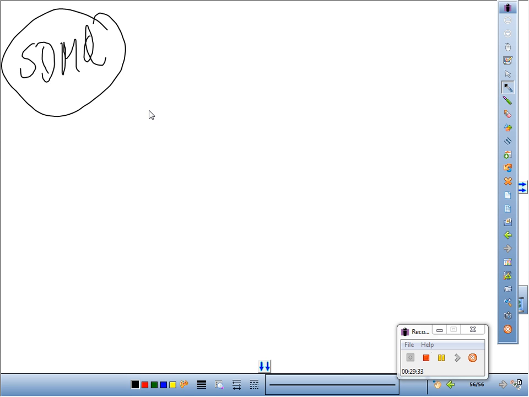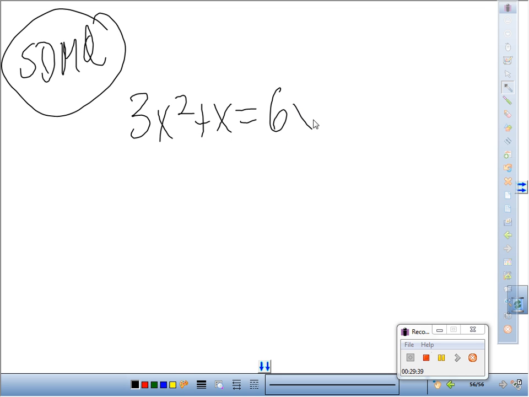And the last one. Copy this one down, please. Example, super duper mega cube. Boom. 3x squared plus x equals 6x plus 2. Yeah, I know, right? This needs to be equal to what? 0.